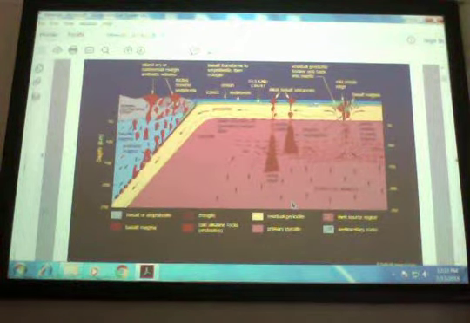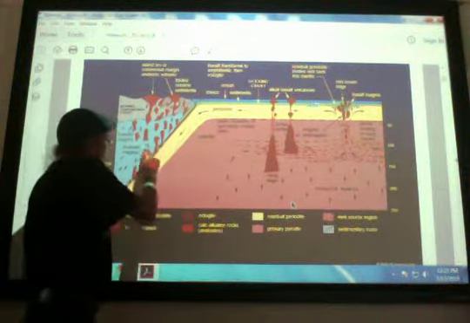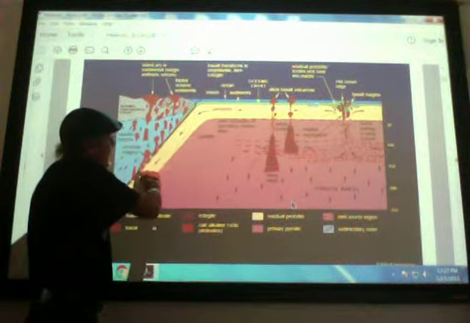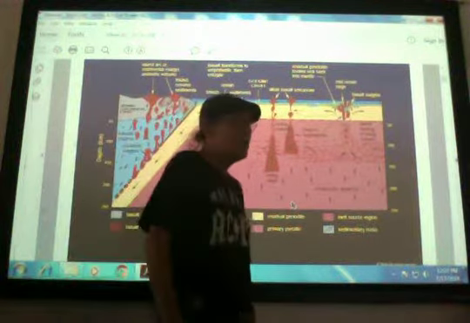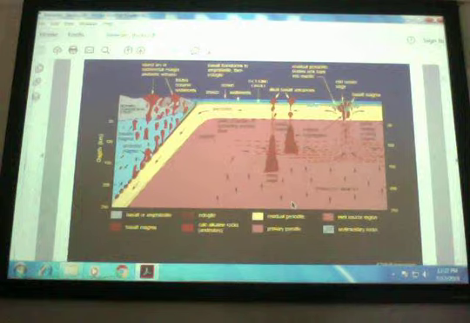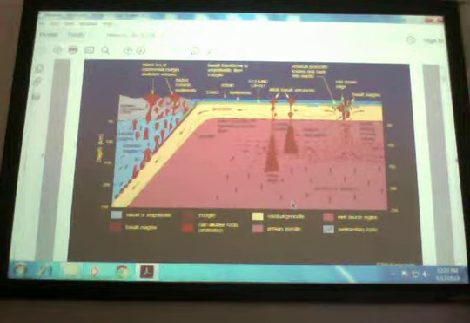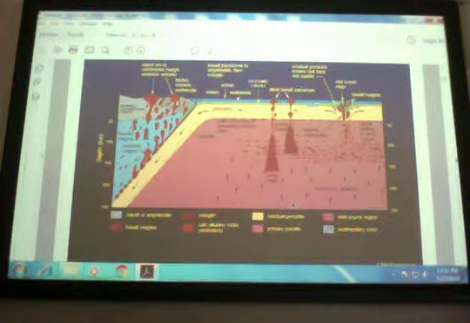So then we are creating here this melt. In former times, people thought always that this melt, which rises up, is just formed by the melting of the subducting slab.